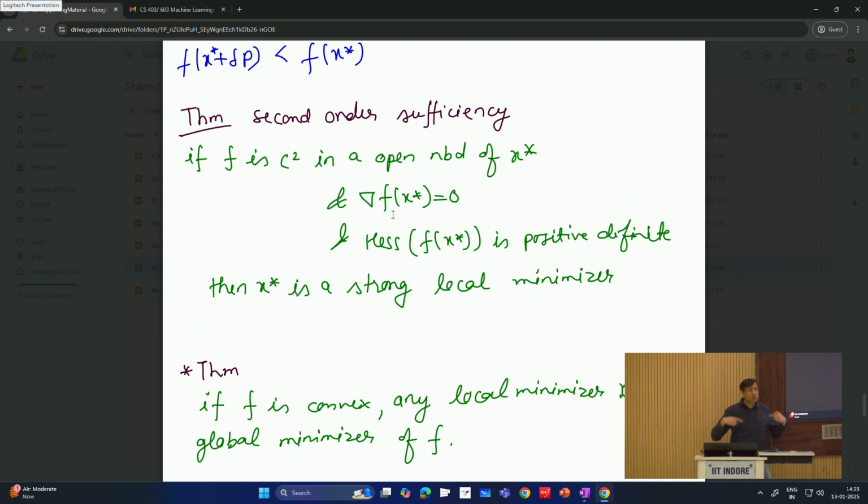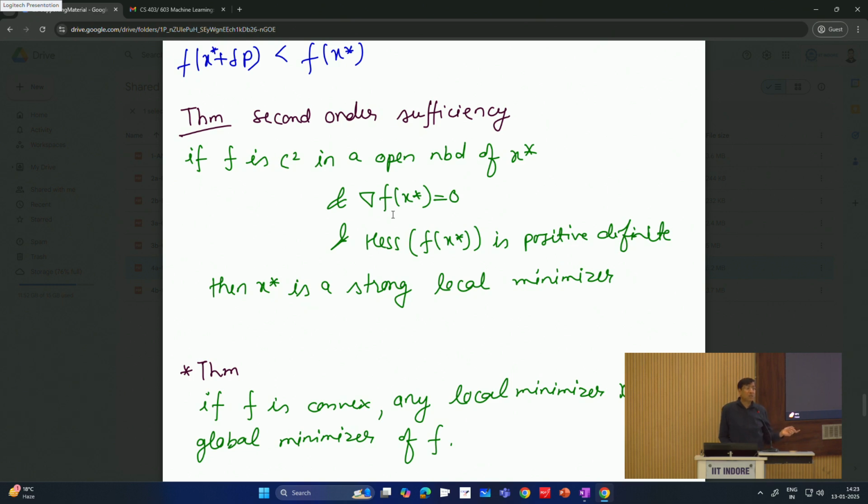So now the equivalent characterization becomes that the Hessian is positive definite. If the gradient at x star is equal to 0 and the Hessian is positive definite, then x star is a strong local minimizer of the function. Everybody comfortable?